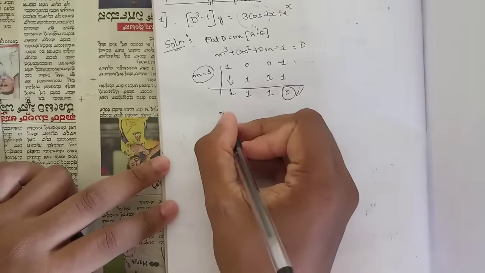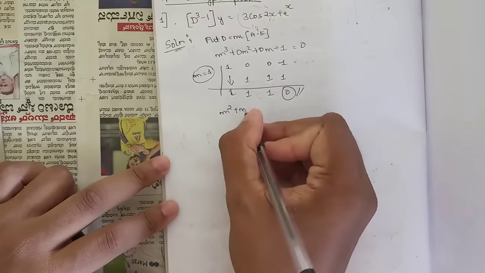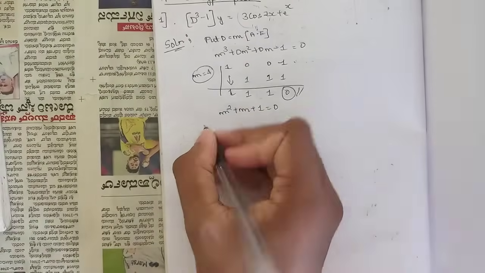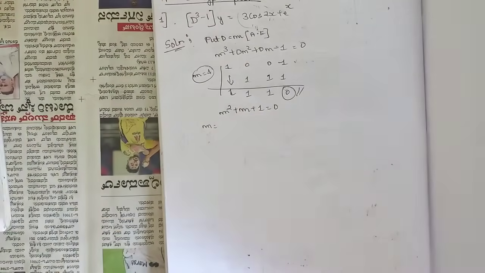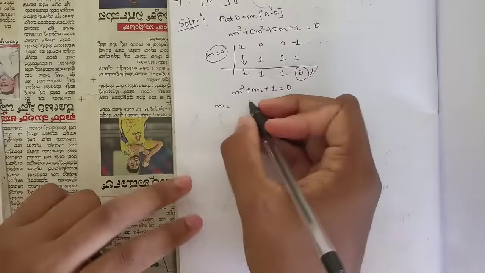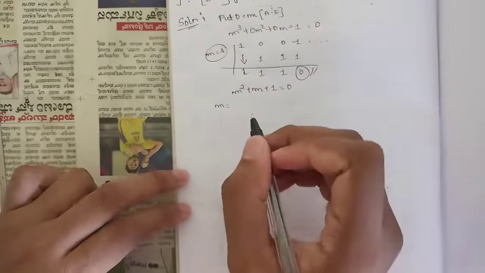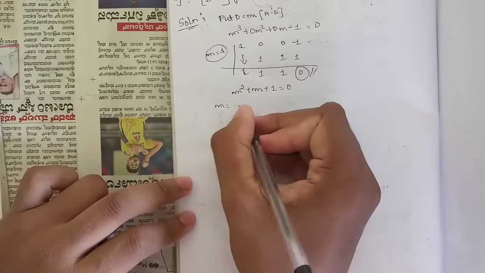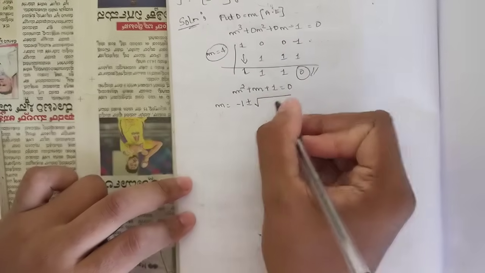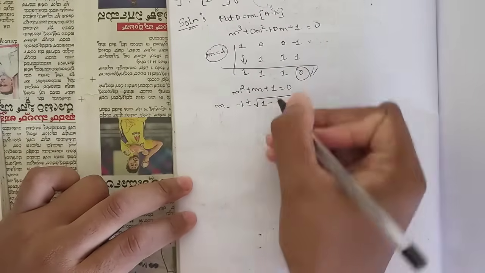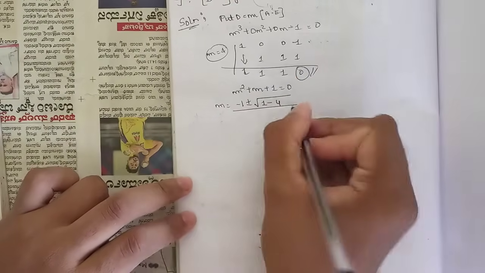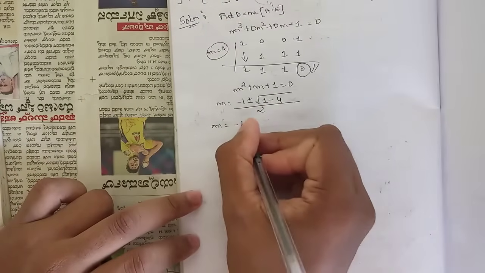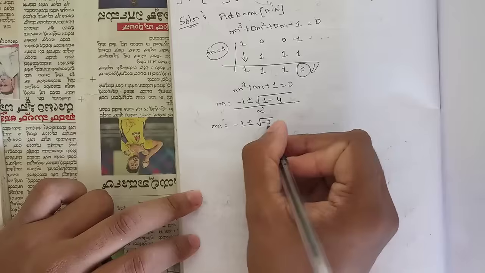So our required polynomial is m square plus m plus 1, which we get with the help of the coefficients. This is again a quadratic polynomial. Find its roots using the formula minus b plus or minus square root of b square minus 4ac, divided by 2a. Here the value of b is 1, so minus 1 plus or minus square root of 1 square, which is 1, minus 4 into 1 into 1, so 1 minus 4, divided by 2. So m is equal to minus 1 plus or minus square root of minus 3, by 2.